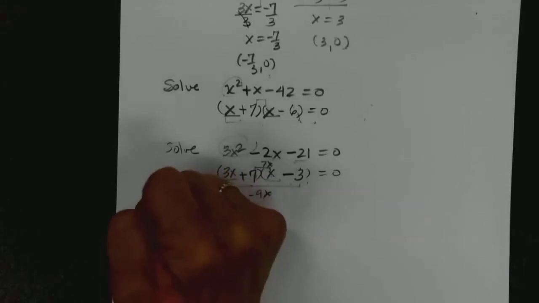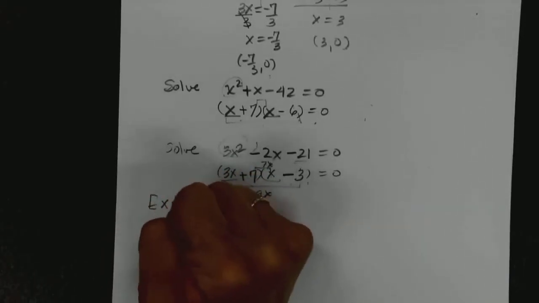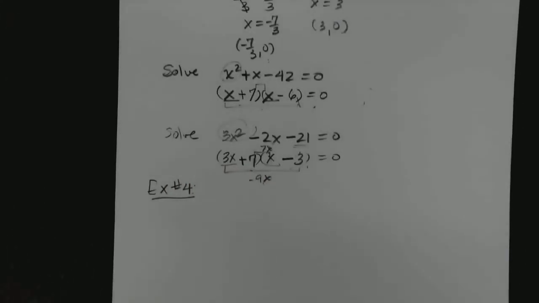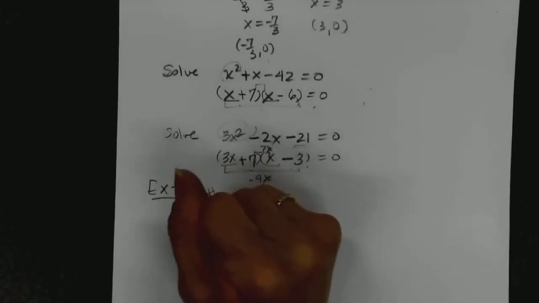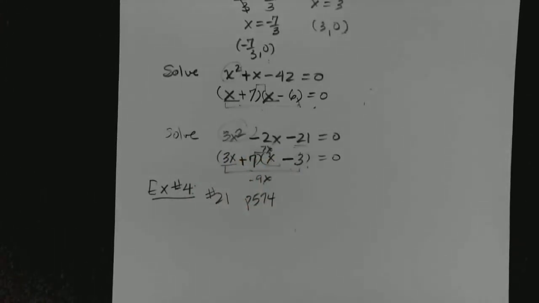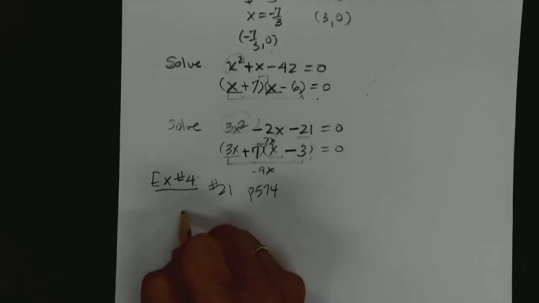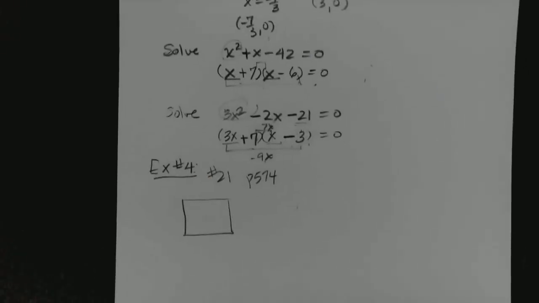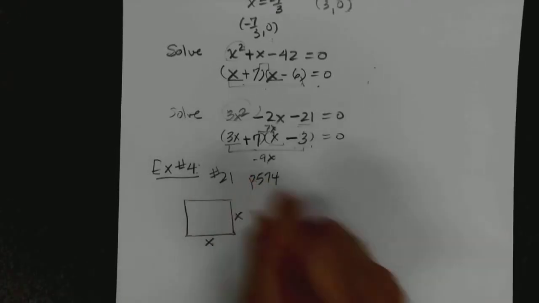Okay? Last example, example number 4. It's a word problem. This one I used out of the book. It's on page 574, number 27. They said they had a square, and it had a length of x.